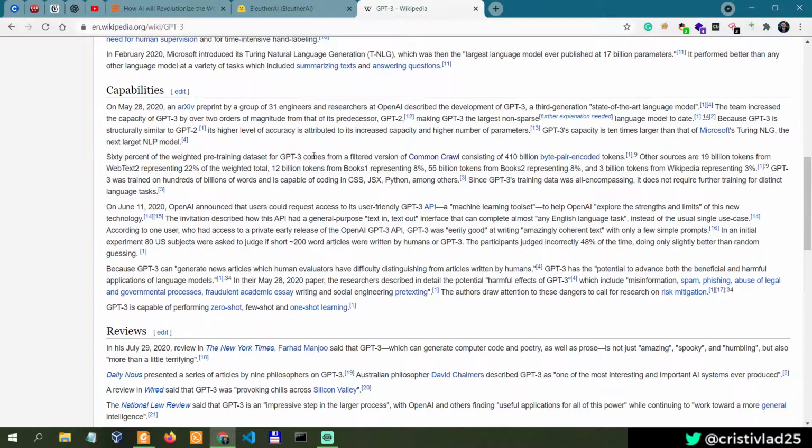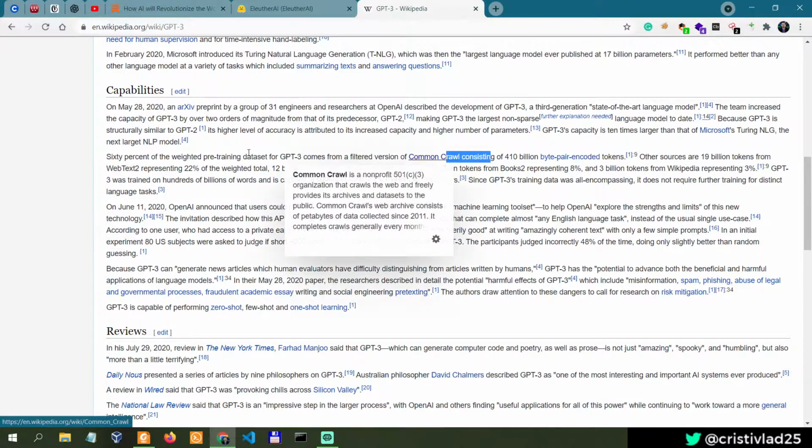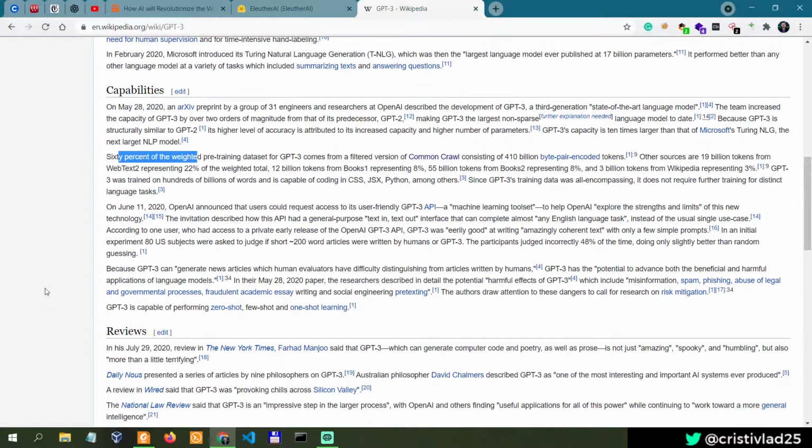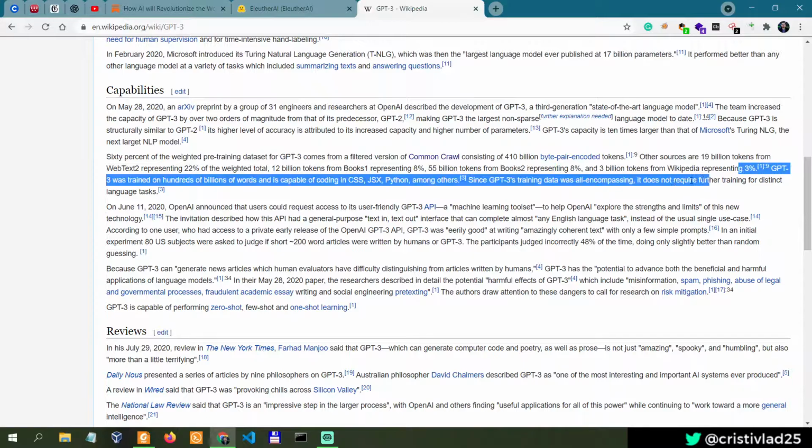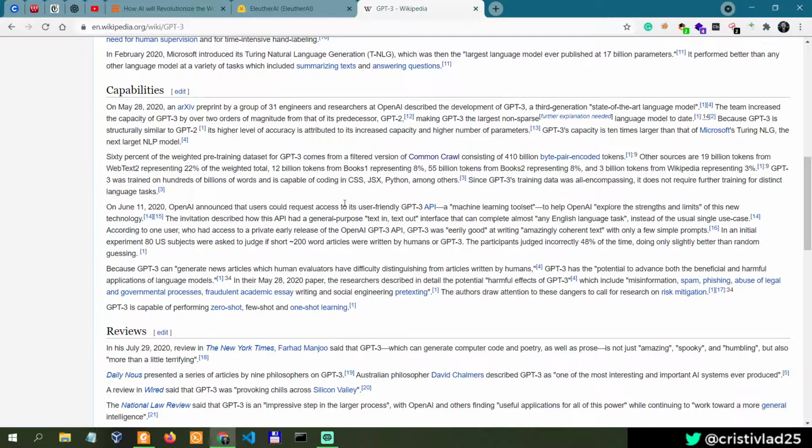I mean, it's valuable, it's filtered, but it's just web data, and it's 60% of it. Come on. Then you have 90 billion, which is like 20 times less than that, that comes from WebText. 8% comes from Books1, 8% comes from Books2, and 3% comes from Wikipedia. Come on.